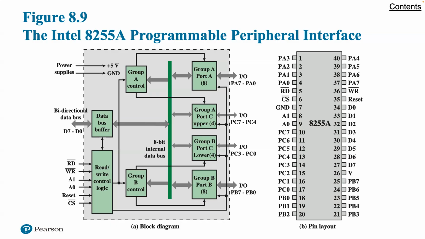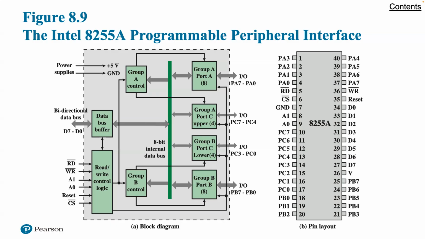In addition, group C is subdivided into 4-bit groups, that is CA and CB, which may be used in conjunction with A and B I/O ports. Configured in this manner, group C lines carry control and status signals.